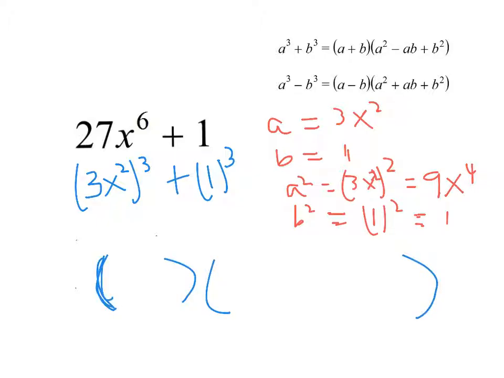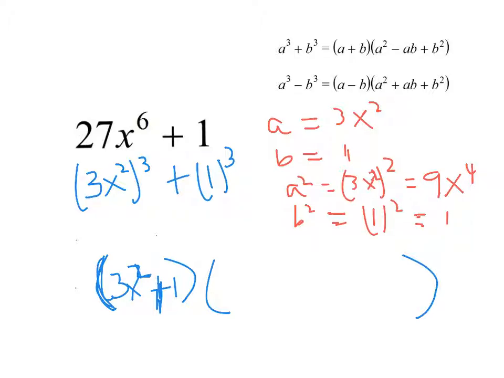So okay, now we are going to plug in these values. We're going to plug in a plus b. So 3x squared plus 1 will be going here. That's our a plus b. All right, sorry, this pen is crazy. Now we go to the next one.